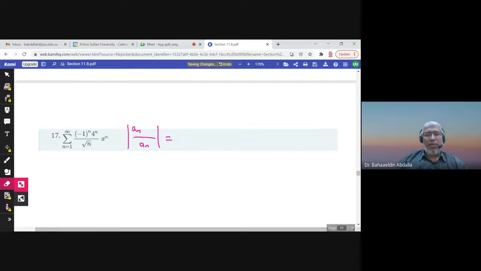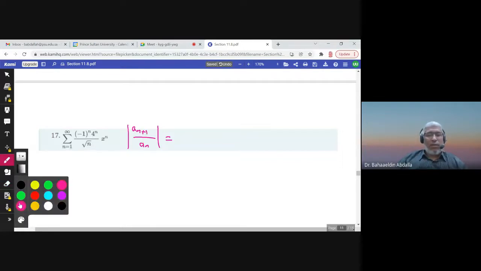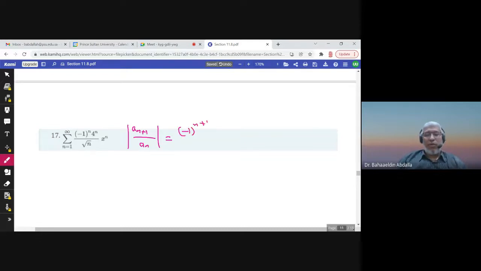This is n plus 1 below. Okay. So negative 1 to the power n plus 1, 4 to the power n plus 1, x to the power n plus 1, all over square root of n plus 1, and square root of n only.